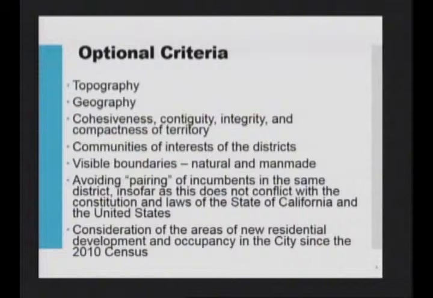As mentioned previously, there are also several optional criteria that are available, including topography, geography, cohesiveness, contiguity, integrity, and compactness of territory, communities of interest, visible boundaries, both natural and man-made, to avoid pairing of incumbents, and consideration of areas of new residential development and occupancy since the 2010 census.